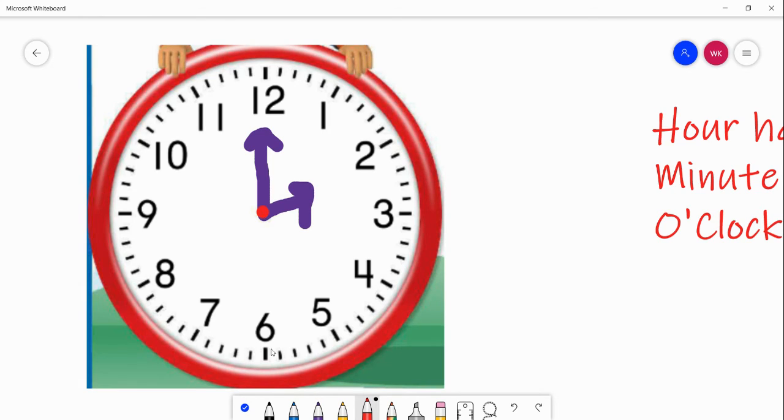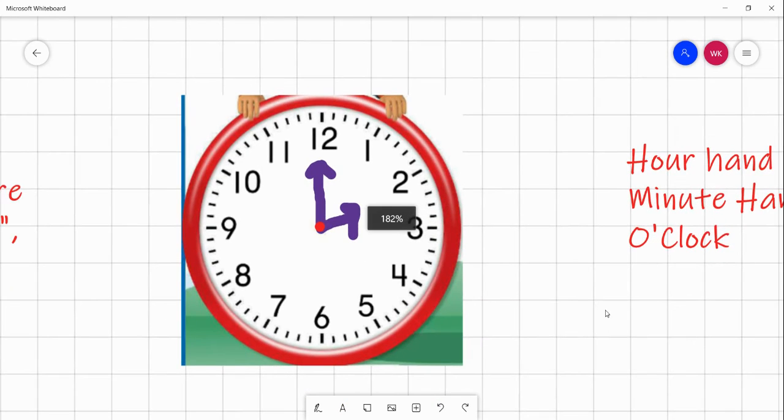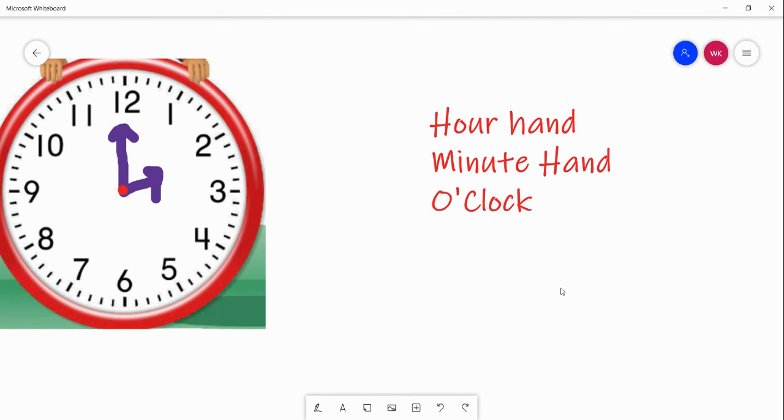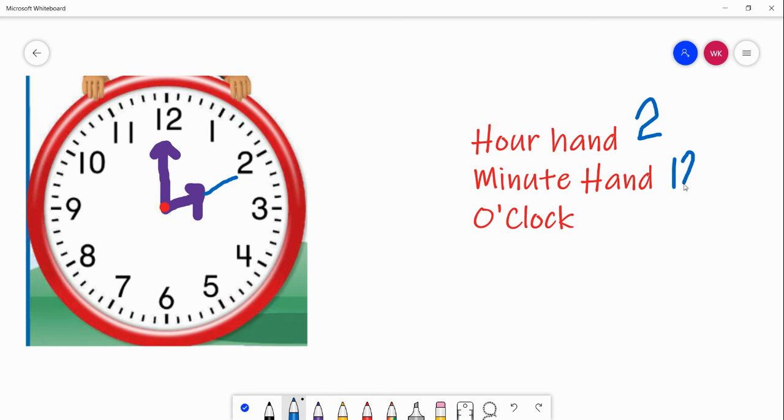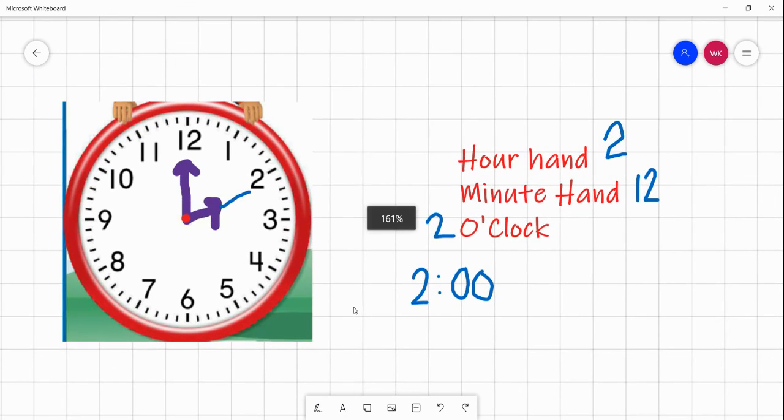So I want you guys to try to figure out what the hour is and how many minutes there are. So the hour hand is pointed to the 2. Our minute hand is pointed to the 12, so that means that it's 0 minutes. It's a new hour, or o'clock. So that means it is 2 o'clock. And it would look like this. A 2 for the hour, our colon, and then our 0 minutes. So that is represented by the clock.